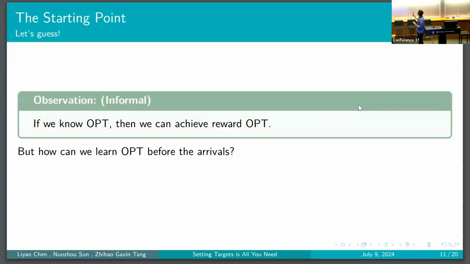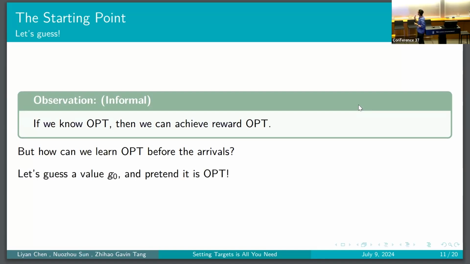The above algorithm just shows that if we know opt ahead of arrivals, then we can design an algorithm that achieves the same reward as the optimal algorithm. But the problem is, how can we learn opt ahead of arrivals? Basically, it's impossible for us to do this, because otherwise we would get an algorithm with an order competitive ratio of 1.